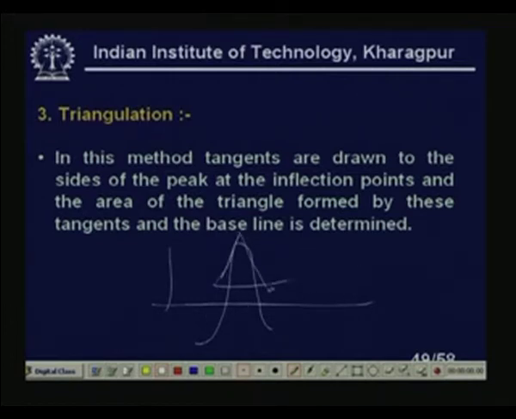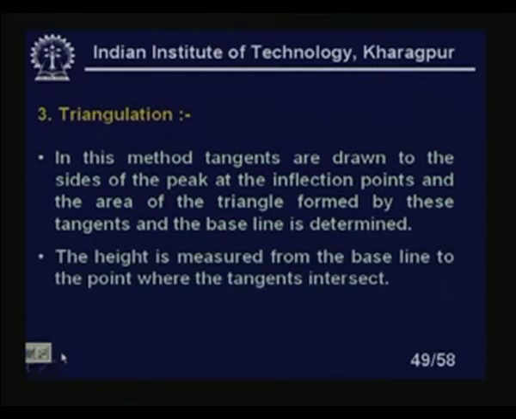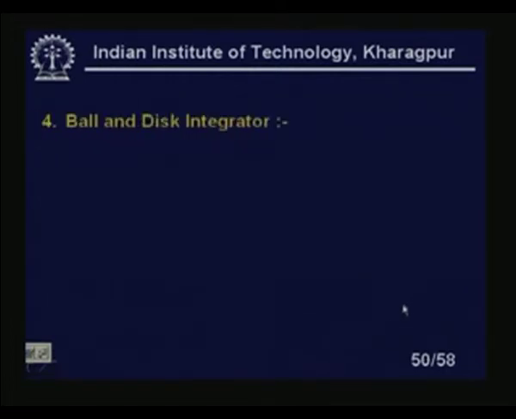So, we draw two tangents at the inflection points where they meet, making one triangle. The area of the triangle formed by these tangents and the baseline is determined. The height is measured from the baseline to the point where the tangents intersect.